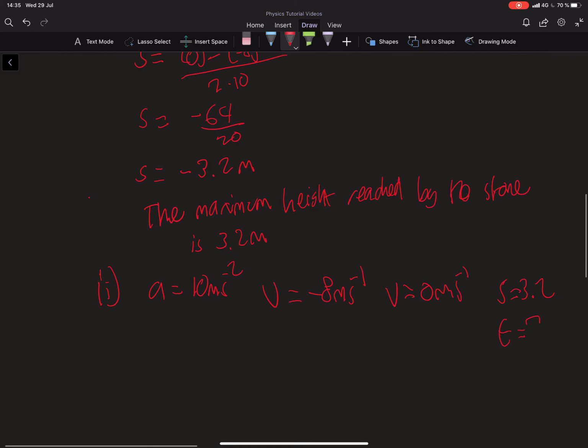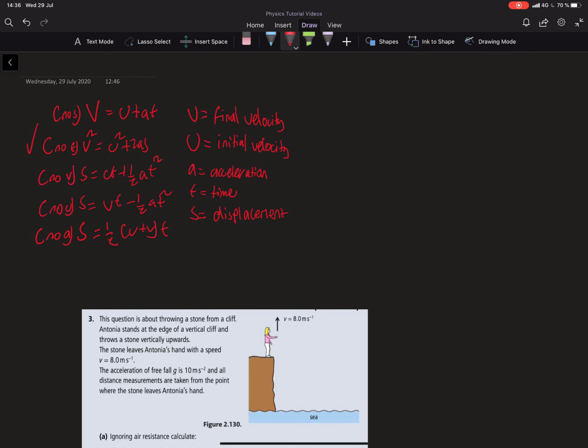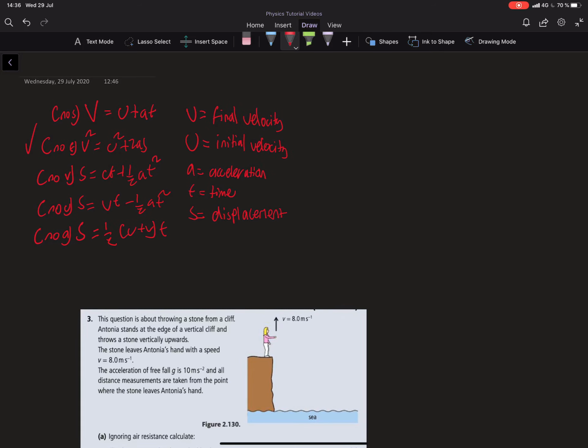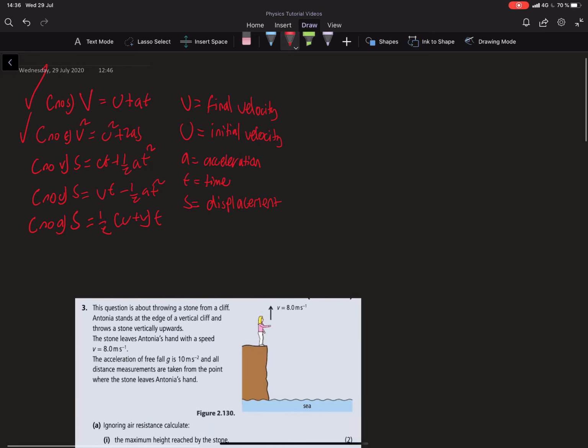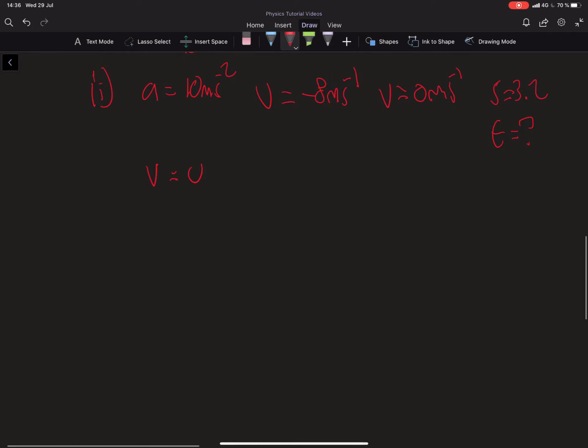So let's go back to our equations and see what we should use. Now, in fact, since we have all of this information, we could use any one of these. I'm choosing to use the first one as it's the simplest and easiest to work out. So we're going to be using v is equal to u plus at. Again, from here you can rearrange to get t by itself.